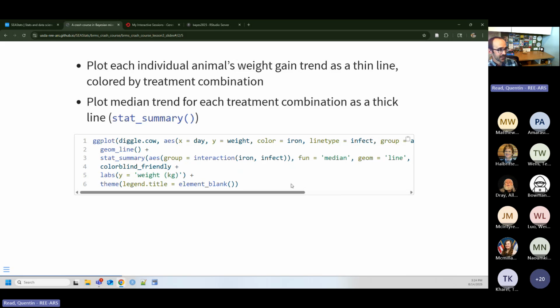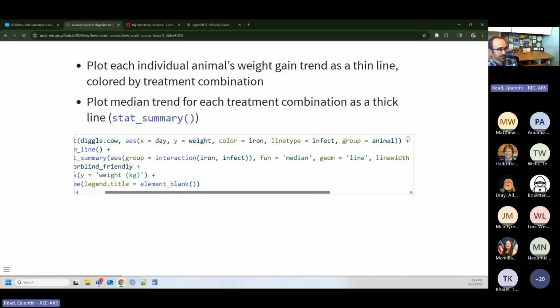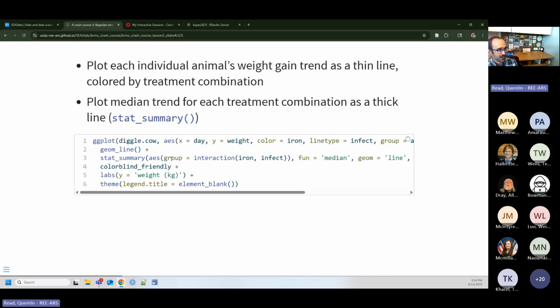That's the line type scale. We're going to plot a separate line for each animal, and we're also going to plot a median for each of the 4 treatment combinations: the 2 levels of iron, yes and no, and the 2 levels of infect, yes and no.